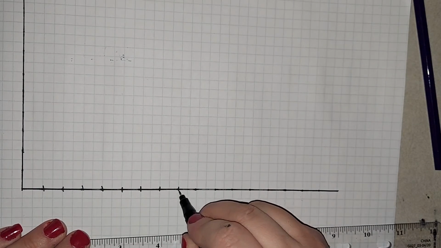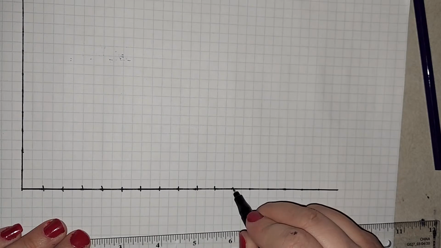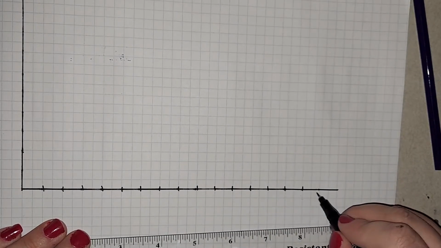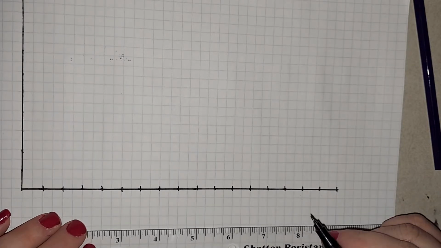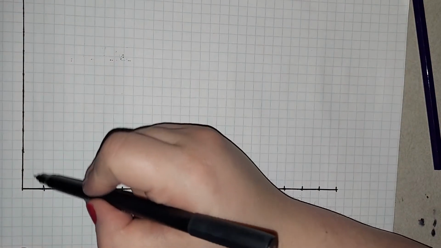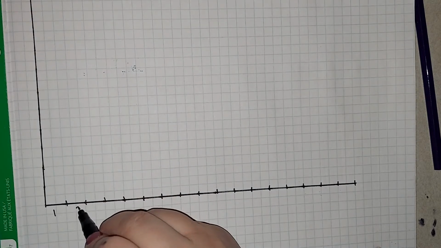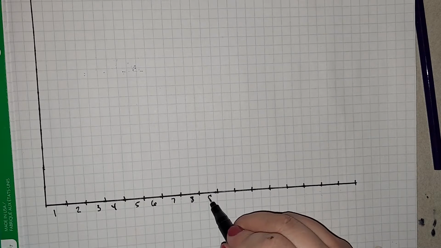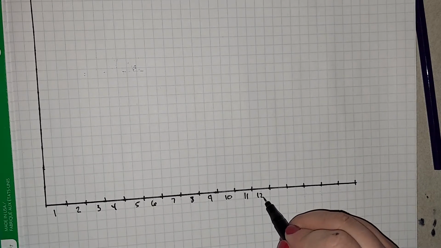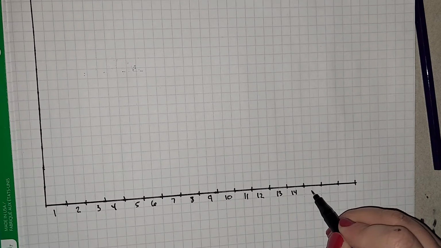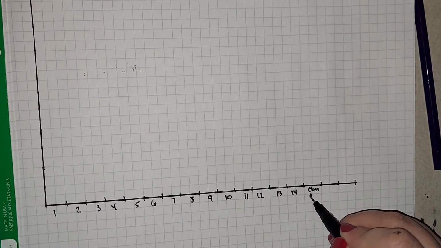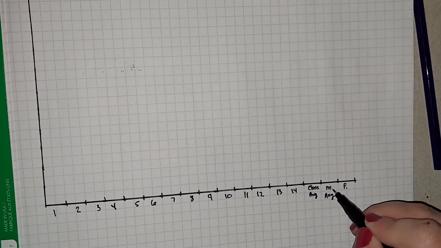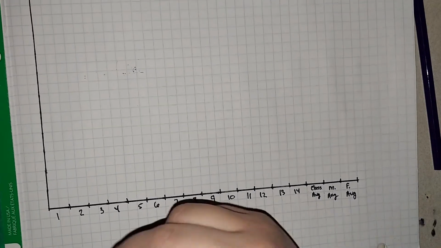So I skip 2 for each one because I designate a square column per piece of information. Right, so this would be resting, this would be working. So we put our numbers 1 through 14, then class average, male average, female average.